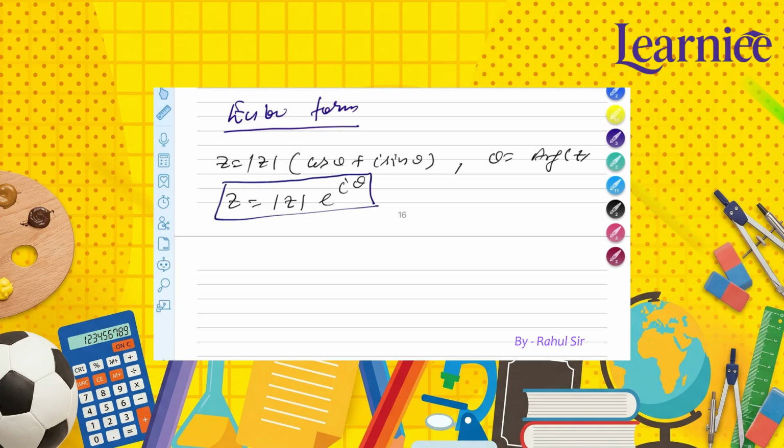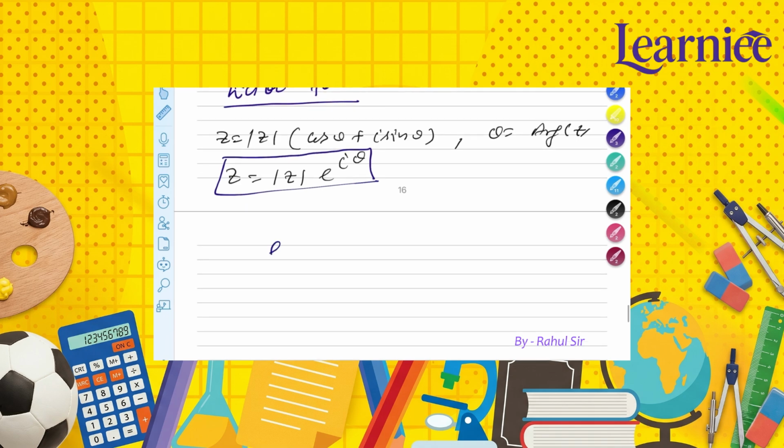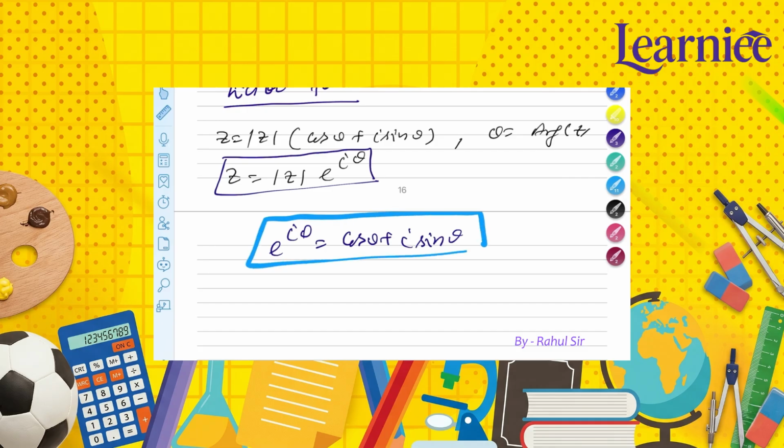Because of this Euler form, complex numbers are used widely, and it simplifies complex problems. So from here we know that e to the power i theta is equal to cos theta plus i sin theta. This is also a very interesting result. We'll derive it in the next lecture, why e to the power i theta is cos theta plus i sin theta.